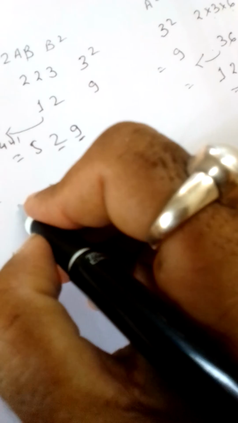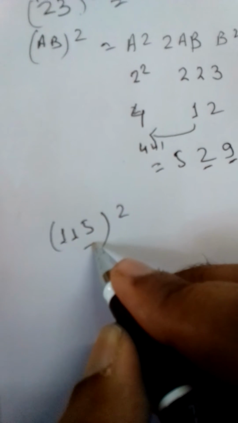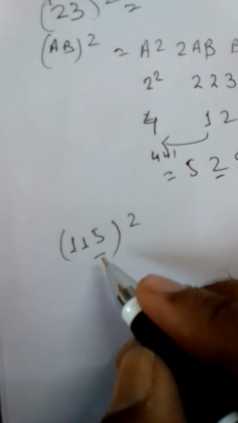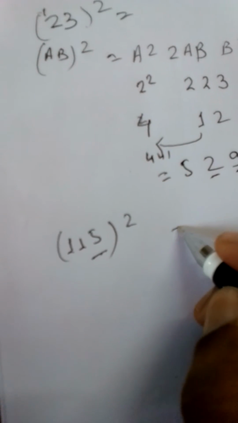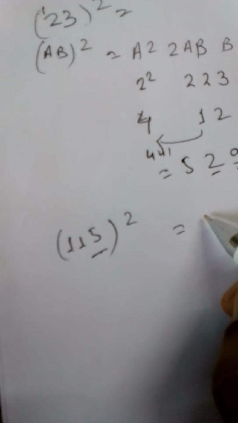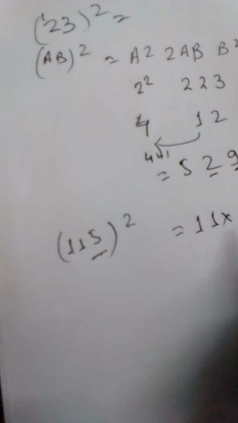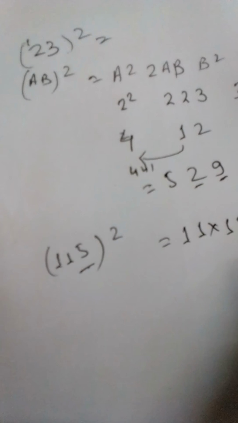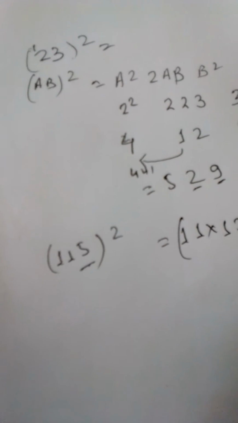Then we take an example of, say, three digits, say 115, the square of this number. Now in this case we have to remember that if the right hand digit is a 5, the solution will be very easy. We'll write 11 into 12, and that is to be multiplied, and 5 will be squared.